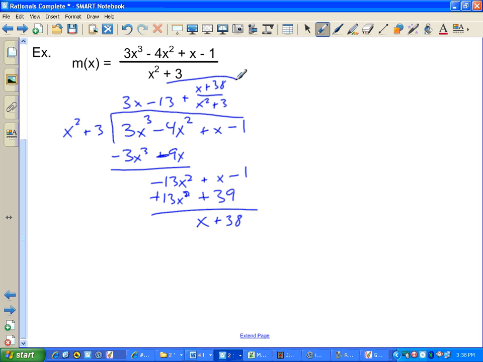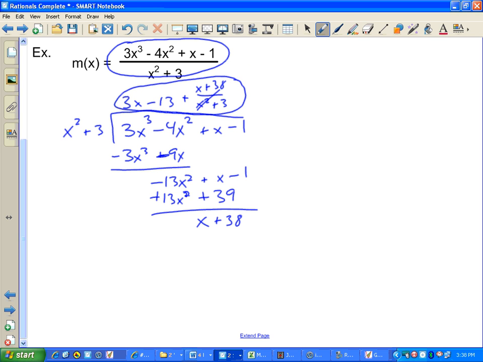This answer here is the exact same thing as the original function, because it's the answer I get when I actually do the division. And I want to know what's happening to this as x gets very large. I'm going to have a large number here, minus 13, and this term here, if I have very large x's, is like a separate rational function inside ours, where I have a smaller degree on the top than on the bottom.